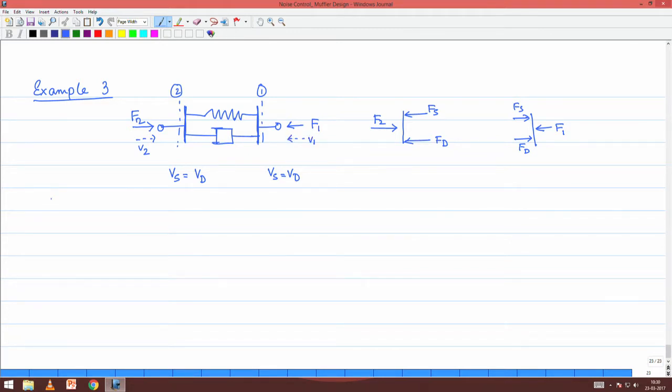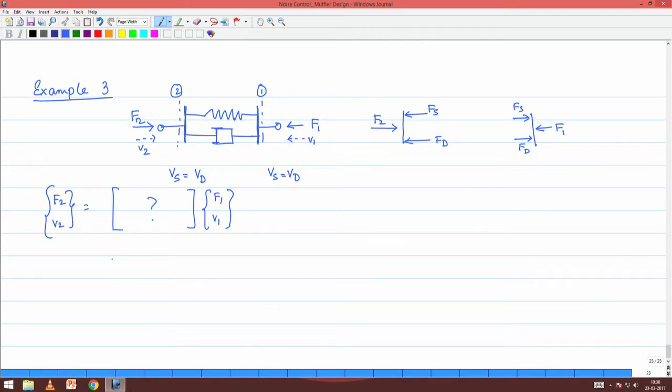So, what we need is a transfer matrix which relates F2, V2 to F1, V1, right. So, this transfer matrix needs to be found, right.